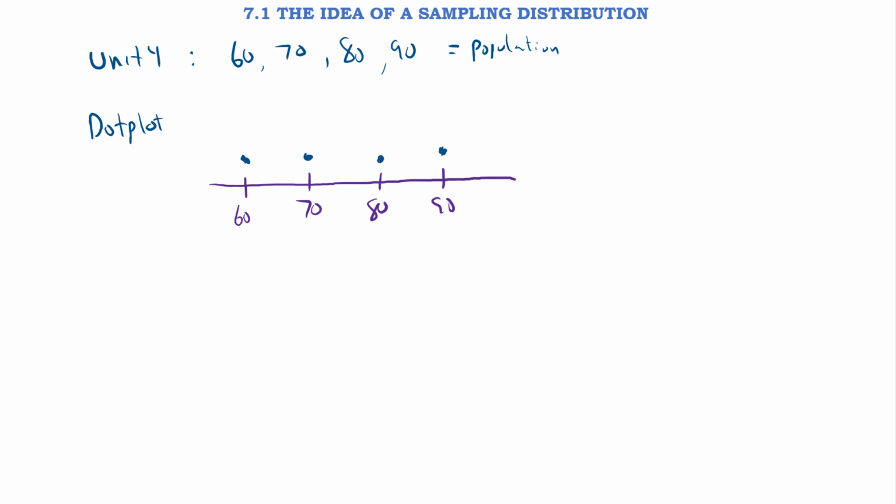So let's say we took 60 and 70. Okay? Well, if we were to do that, of course, pretty sure you guys understand how to make a mean here. We take 60 plus 70 and of course divide by 2. And that would give us 65.